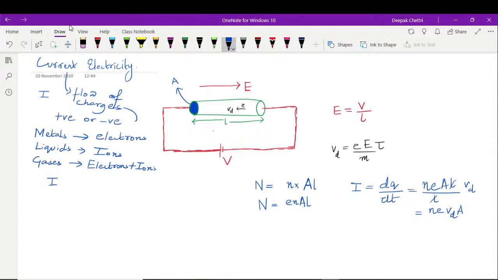The formula for current is amount of charge flowing per unit time, right? Amount of charge flowing per unit time.